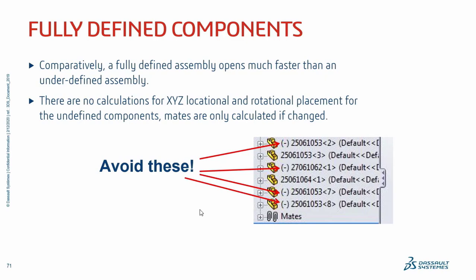So whenever you are creating an assembly, make sure it is fully defined. If there is a flexible sub-assembly, make sure that flexible assembly has fully defined components. Then it will take less time to process that data.